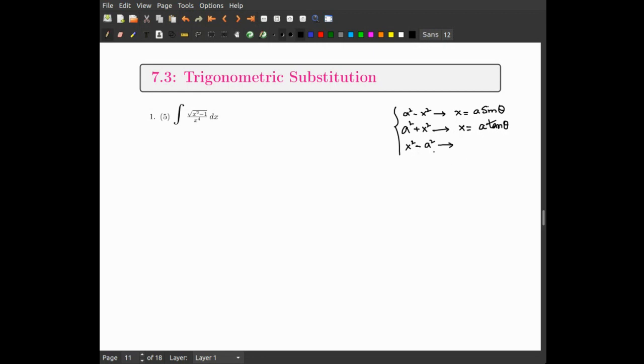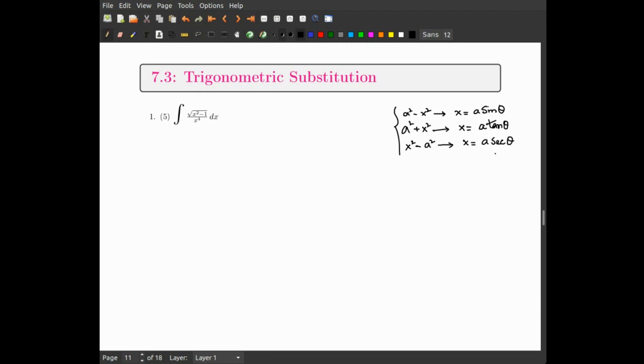And if you have x square minus a square, then x should be replaced with a secant theta. So you need this one. So let's follow that one.